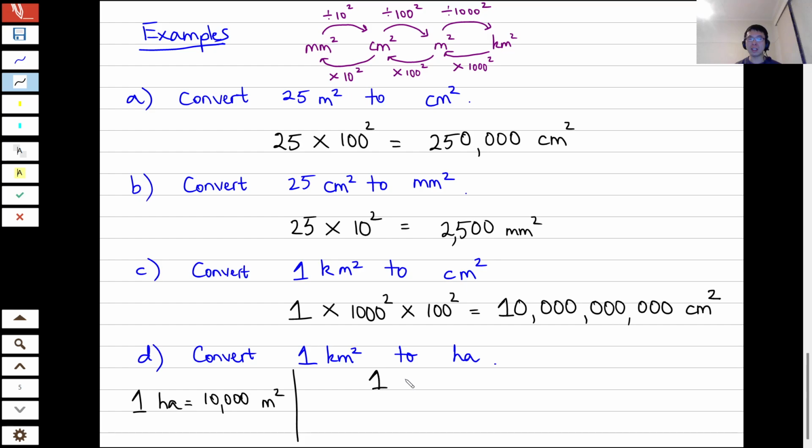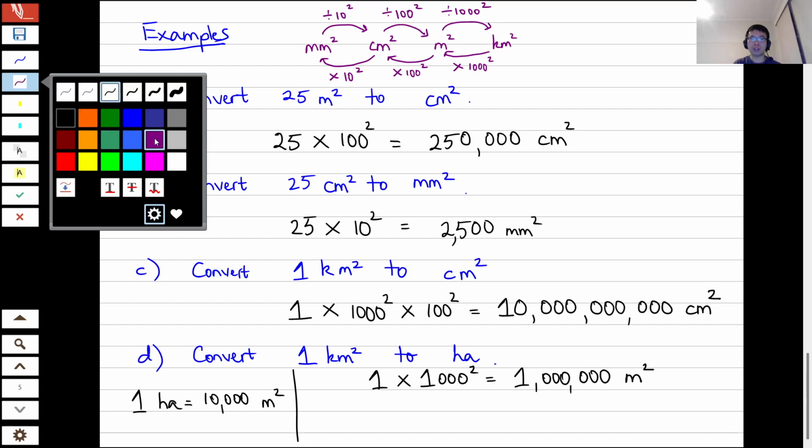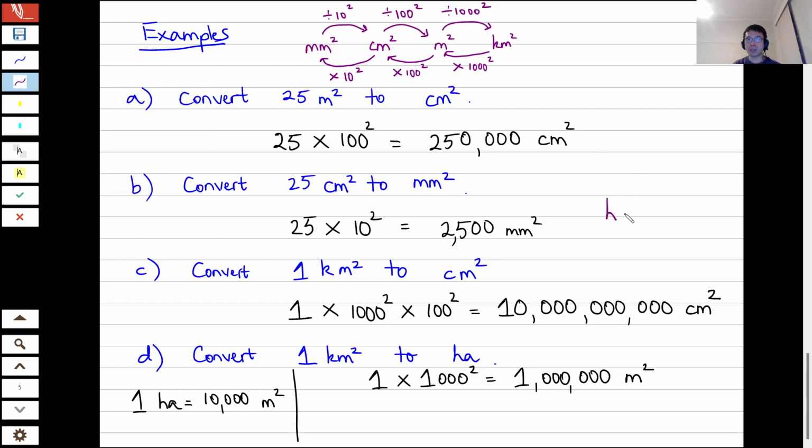So 1 times 1,000 squared. This is going to give me 6 zeros, so 1 million square meters. Now, to go from square meters to hectares, what I need to do is divide by 10,000.